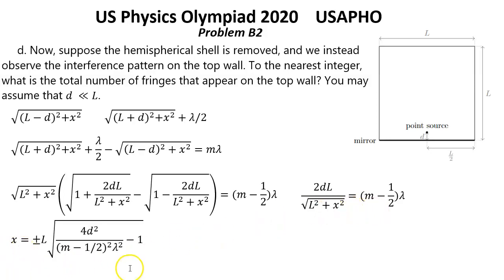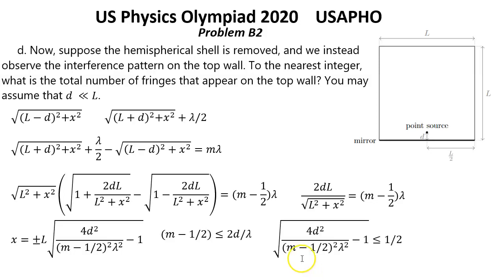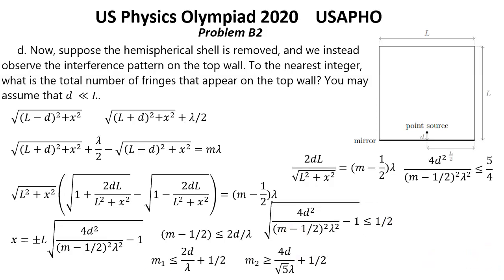x equals this expression. For x to be physical, we require that m minus 1/2 is less than or equal to 2d over lambda. Maximum x is allowed to be L over 2, so we have this inequality. From here we can find another inequality, and finally we have two conditions.